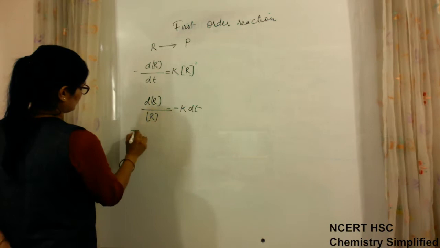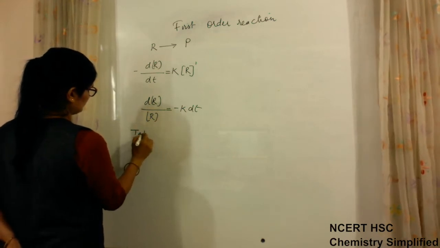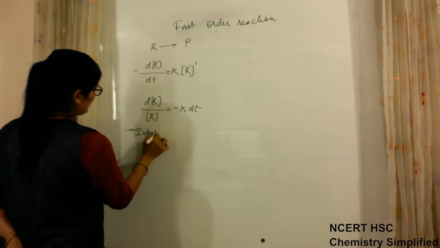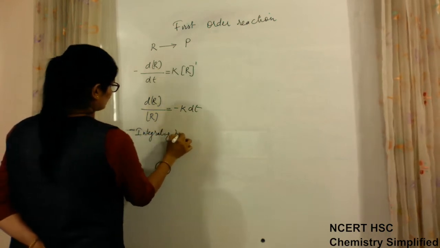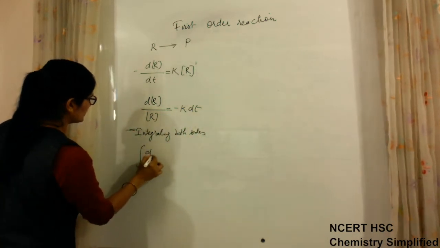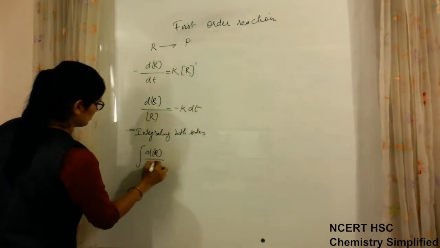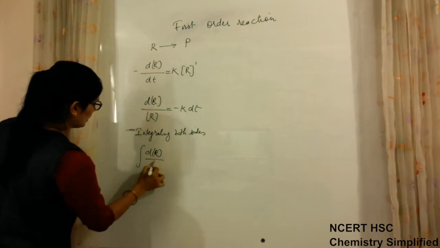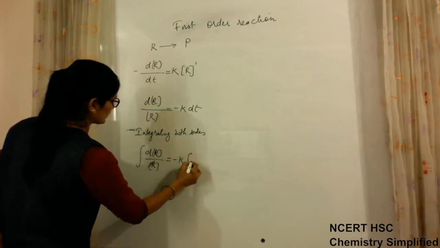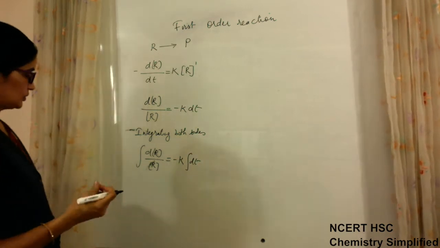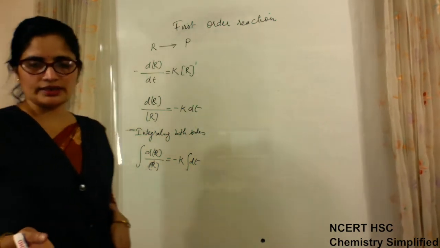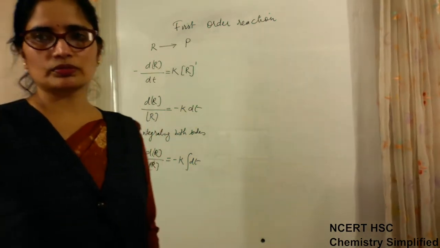Then integrating both sides, integration of dR by R is equal to minus K dt. Now these are the formulas of integration. Maybe you have studied or you are going to study, I don't know.